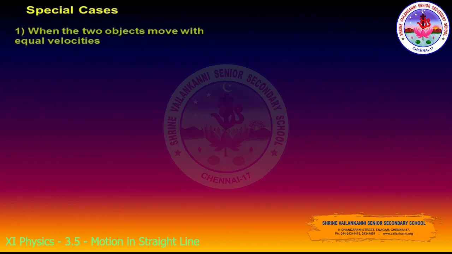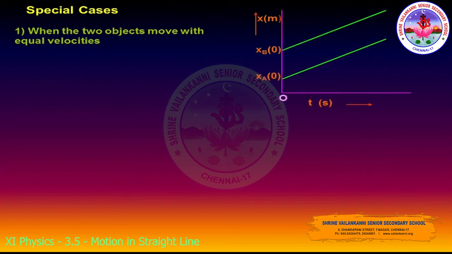Some special cases we can see one by one. The first one is when the two objects move with equal velocities, the same velocity in the same direction. With initial positions XA of 0 and XB of 0, the velocities V1 and V2 are equal. So V1 is equal to V2, and the relative velocity V2 minus V1 is equal to 0.